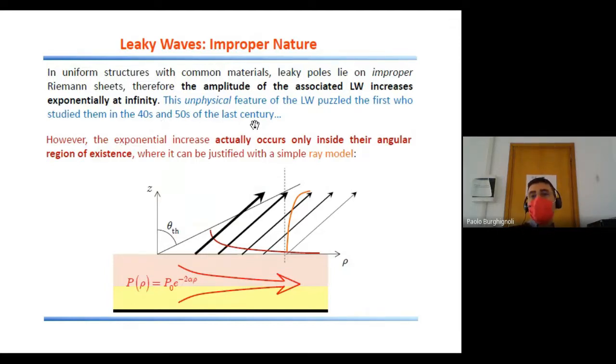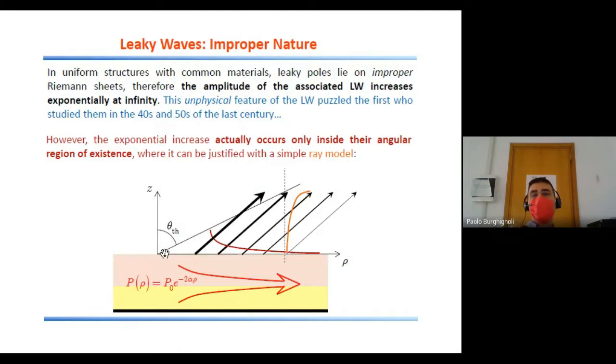So this unphysical feature of the leaky waves was quite puzzling for the first who studied leaky waves, and this occurred in the 40s and 50s. It was soon clear that this was only an apparent puzzle. That is because the leaky wave does not exist everywhere, so it does not exist all the way down to infinity, but it is limited angularly, as we observed before.